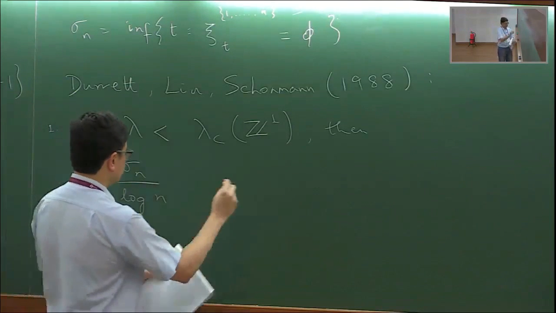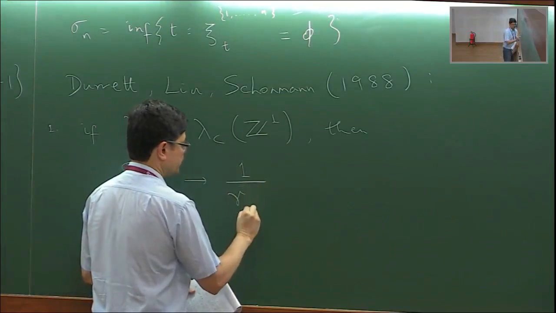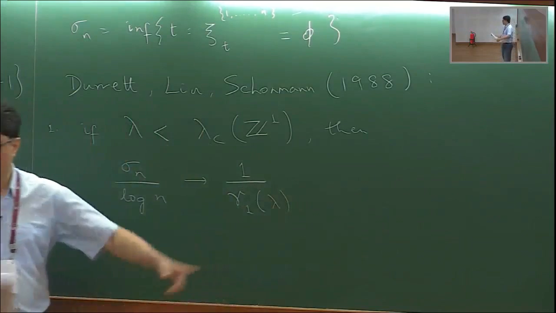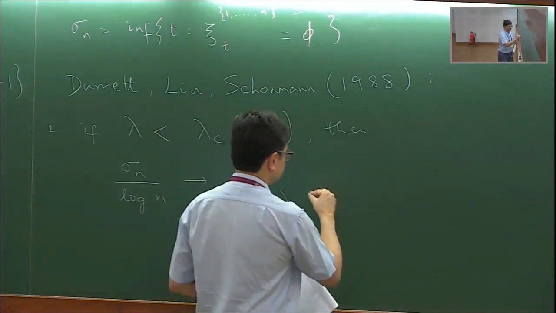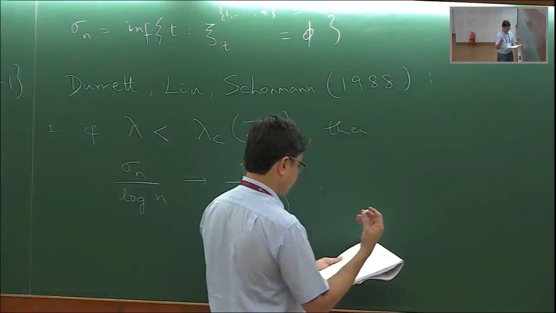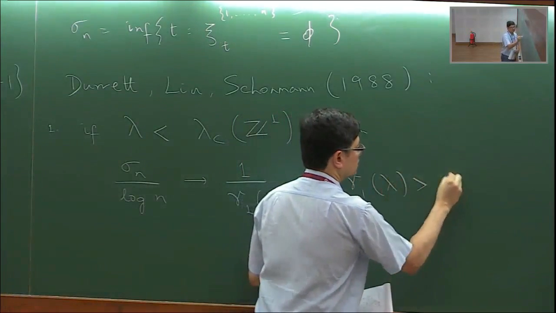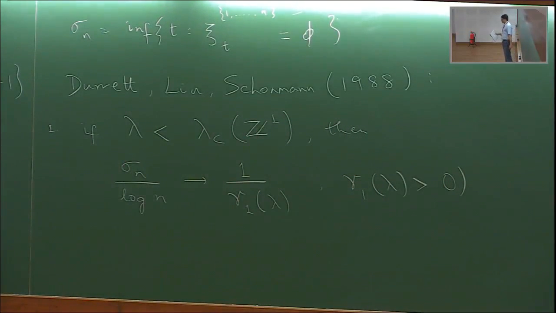So here, sigma_n over log n goes to some constant gamma_1, which depends on lambda. Okay, it has some interpretation, but we won't worry about that.